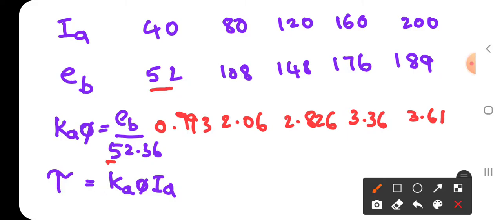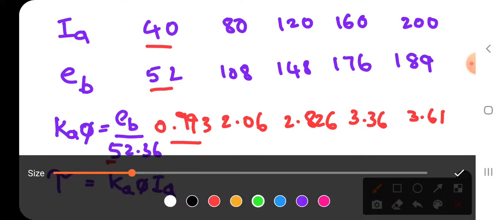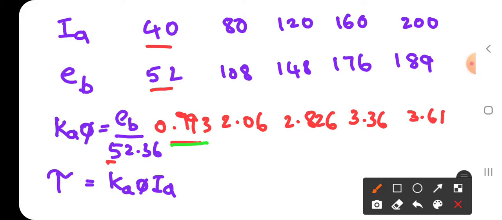Our objective is to draw the graph of torque versus Ia. Torque is equal to K phi into Ia, so we need to multiply these two.